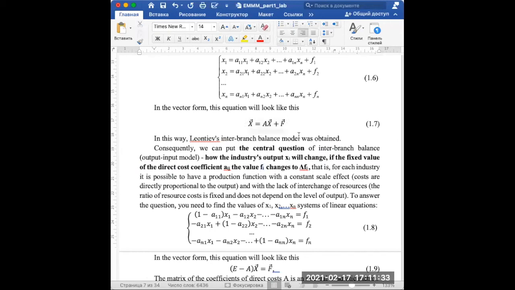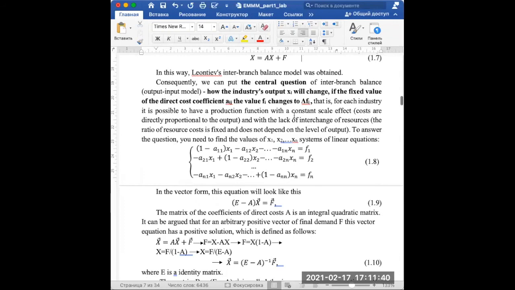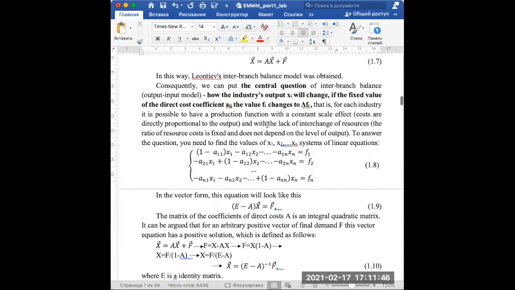For this reason, we need to use very simple mathematical transformations. We can use the system of linear equations, or I like to use vector form.